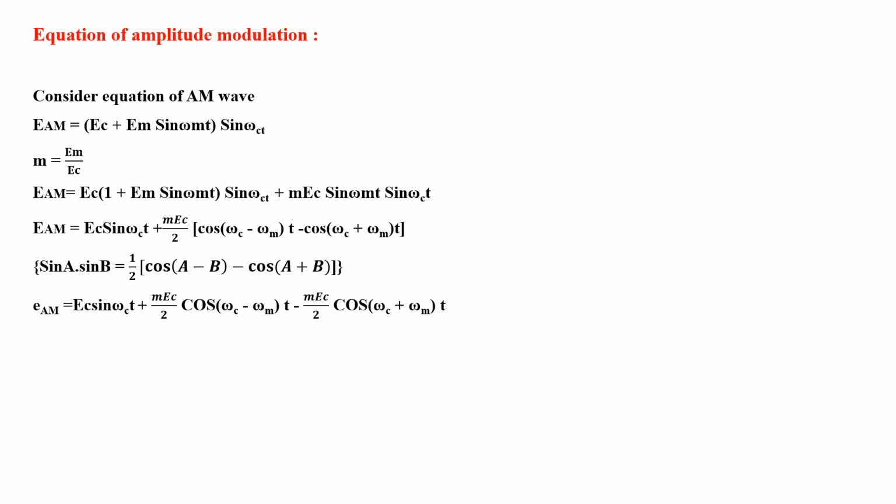Hence we obtain the final equation for amplitude modulation as EAM equals EC sin omega ct plus MEC by 2 cos of omega c minus omega m t minus MEC by 2 cos of omega c plus omega m t.